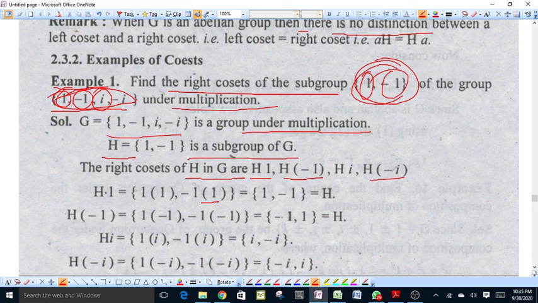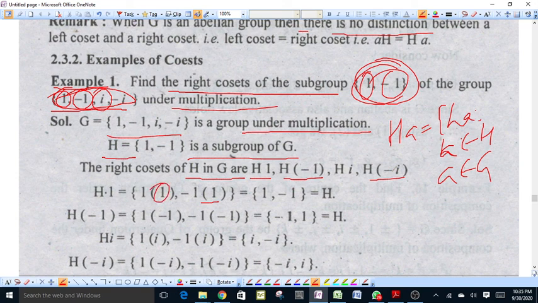From the definition of right coset, Ha will be the set of all elements of this type, such that h belongs to capital H and a belongs to G. Here 1 belongs to G, and the right coset determined by 1 will be equal to {1·1, -1·1}, because H contains only 2 elements, 1 and -1.